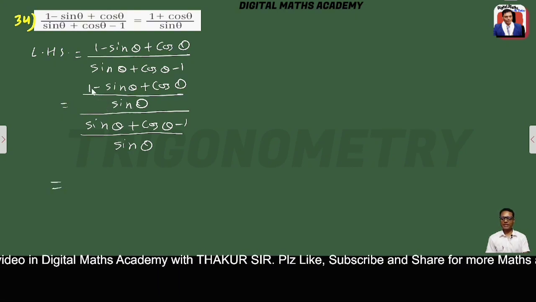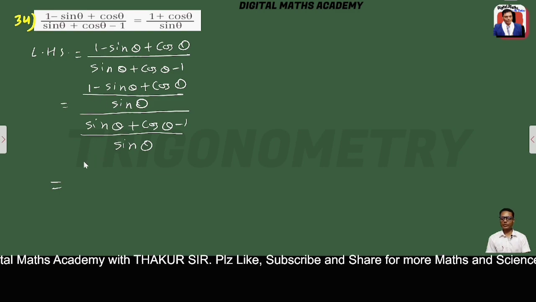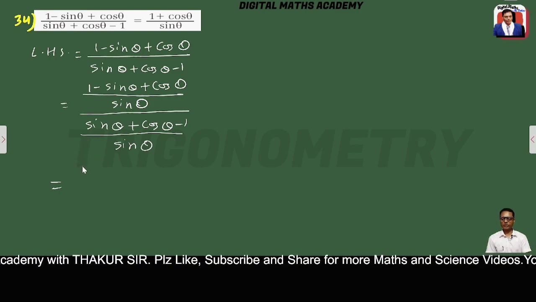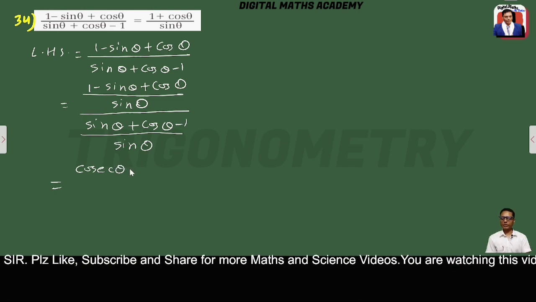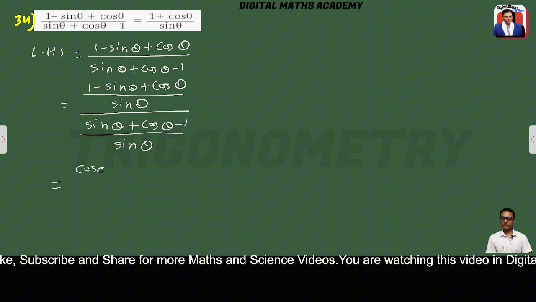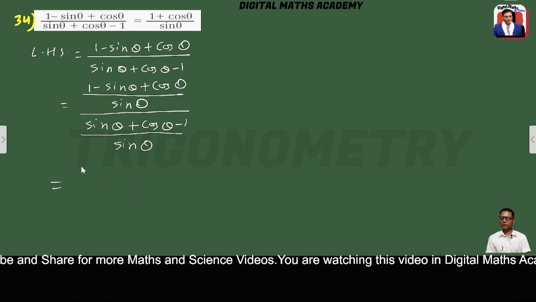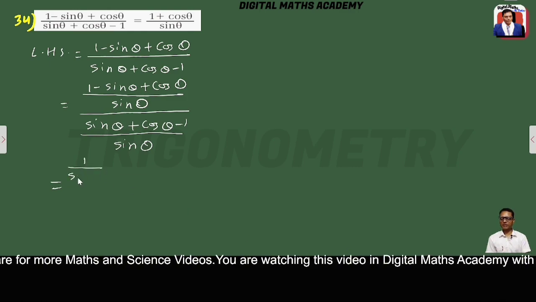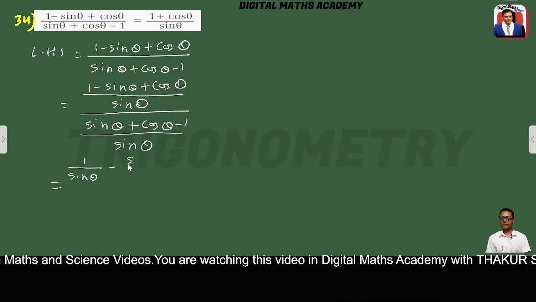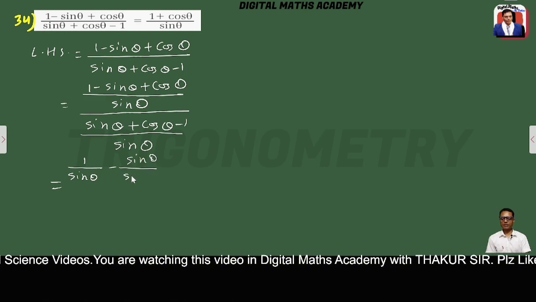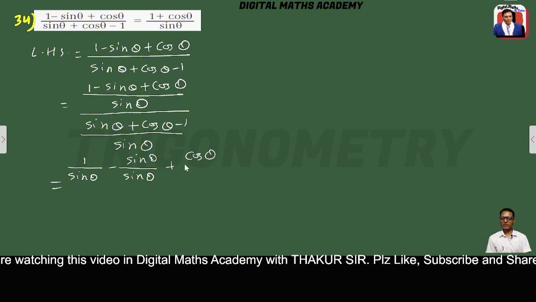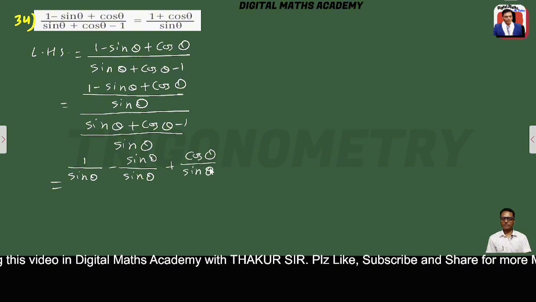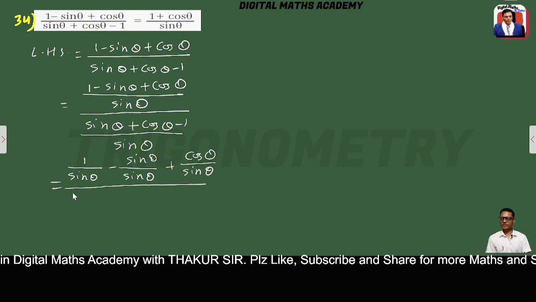So here we are going to separate the base. So here 1 by sine theta, here we can see 1 by sine theta becomes cosec theta, right? So you can write here cosec theta when you separate the base. So we separate the base first of all. So we can write here 1 by sine theta minus sine theta by sine theta plus cos theta by sine theta. And at the denominator same.